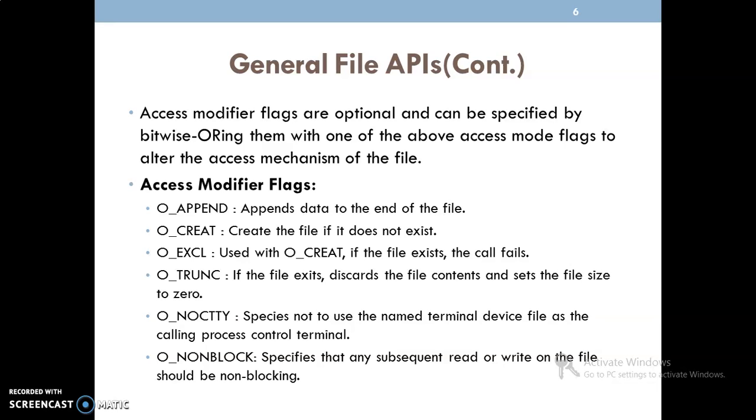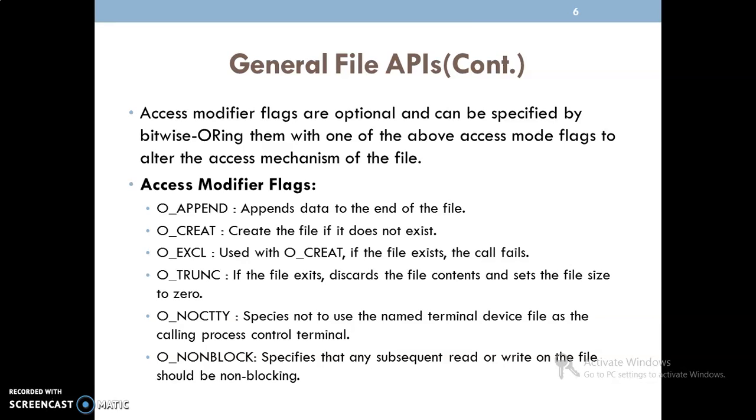So always we are using these access modifier flags along with access mode flags. Some of the access modifier flags as I listed here: O_APPEND, O_CREAT, O_EXCL, O_TRUNC, O_NOCTTY, O_NONBLOCK. Again O stands for open API.